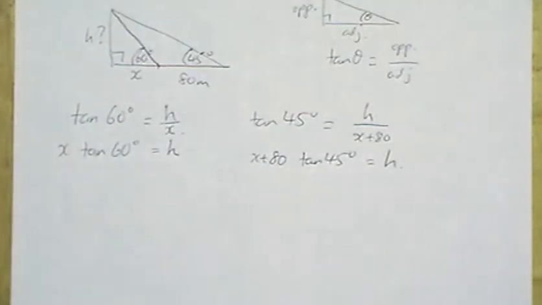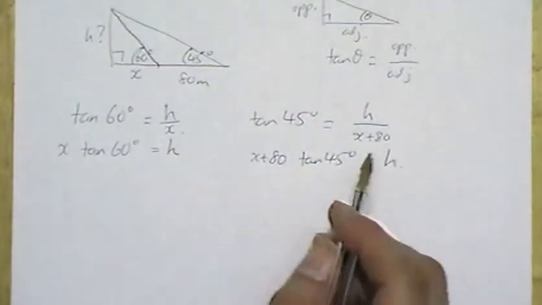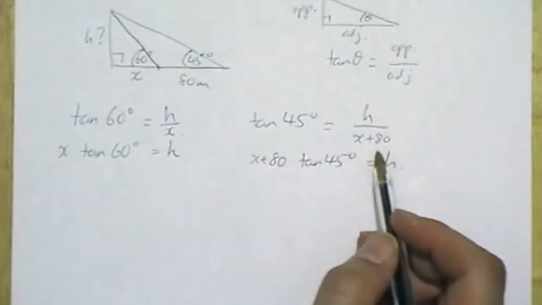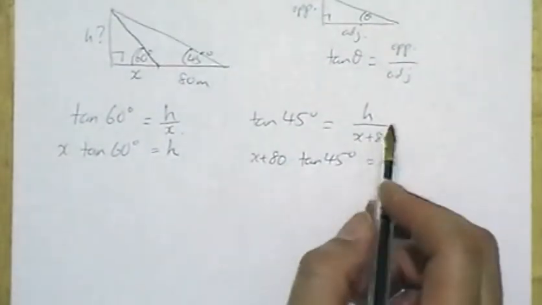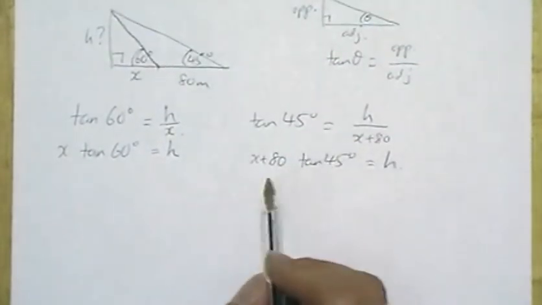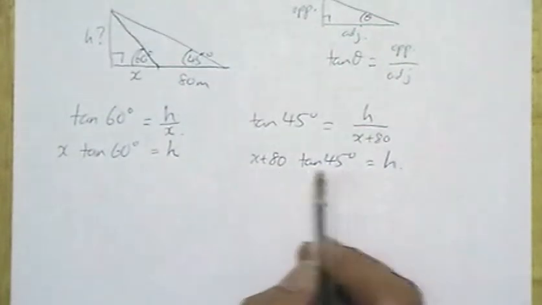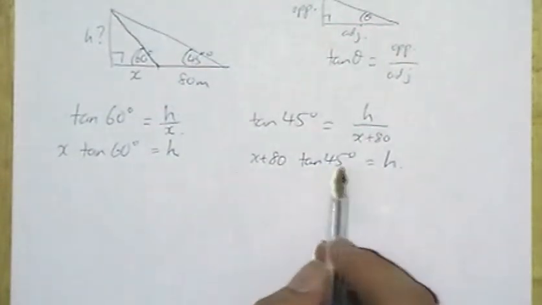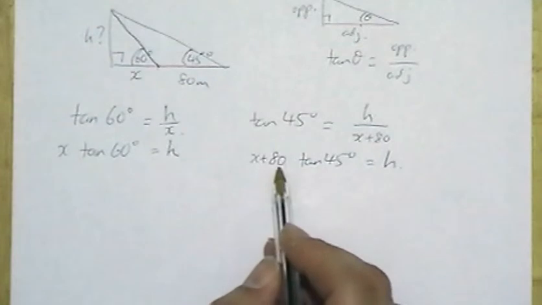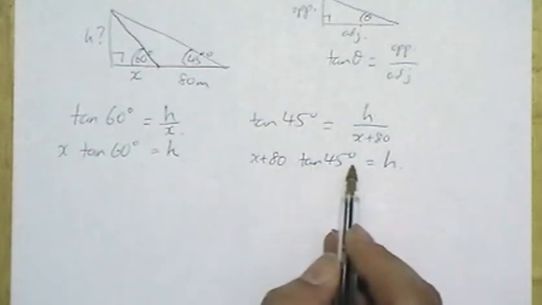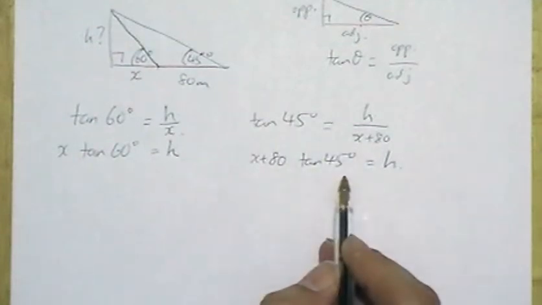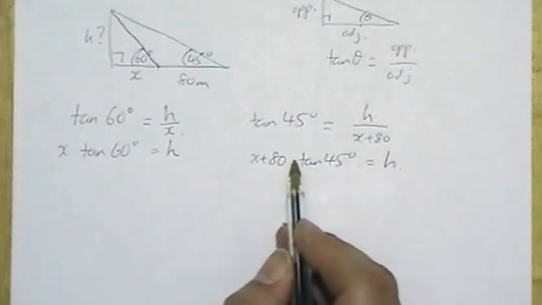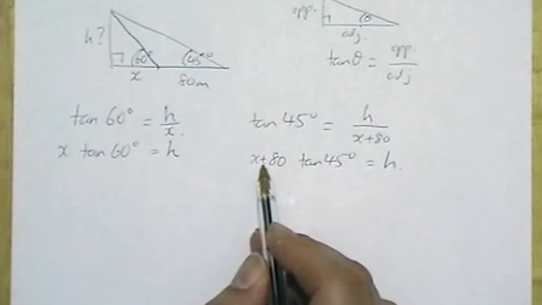Now when we do this, it is important to understand that if you look at this expression, it looks like we have an 80 times the tangent 45 degrees, and we are supposed to do times before plus.